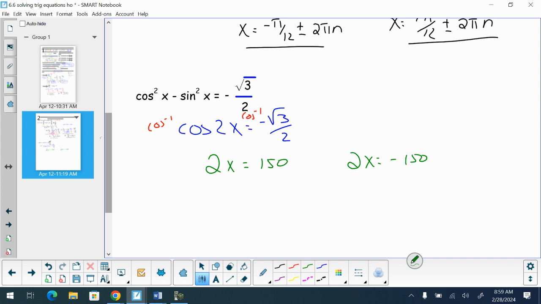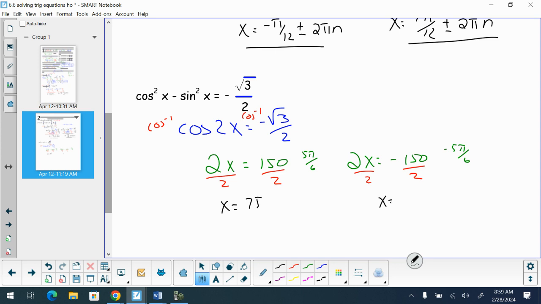Now, once again, if you want to take this to 5 pi over 6, negative 5 pi over 6, and work through it that way, that is fine. We have to divide by 2. So x would equal 75.